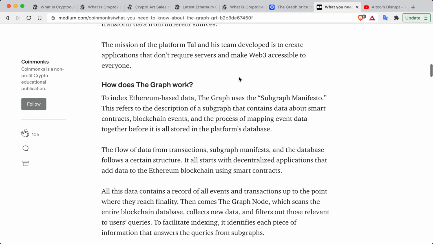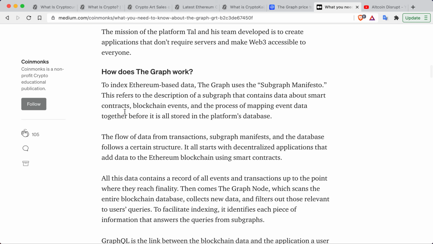How does the Graph work? To index Ethereum-based data, the Graph uses the subgraph manifest. This refers to the description of subgraphs that contain data about smart contracts, blockchain events, and the process of mapping event data together before it is all stored in the platform database. The flow of data from the transaction to the subgraph manifest and the database follows a certain structure.